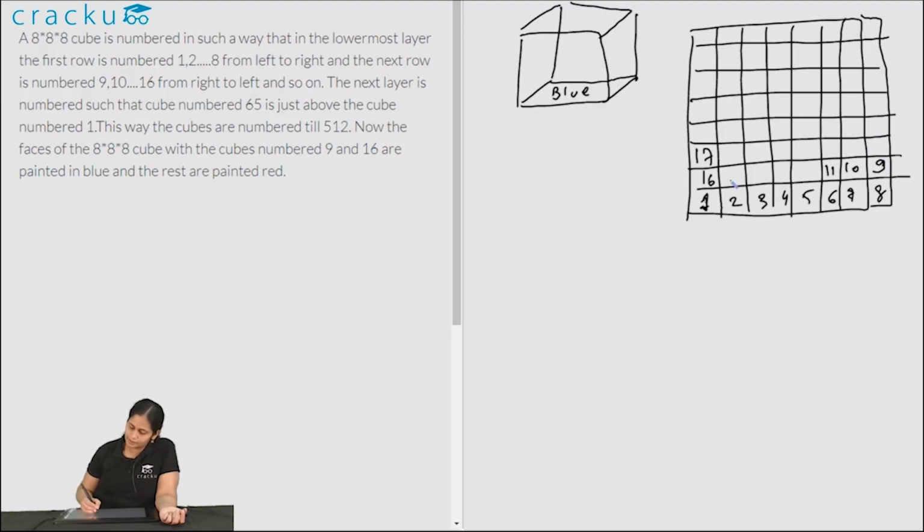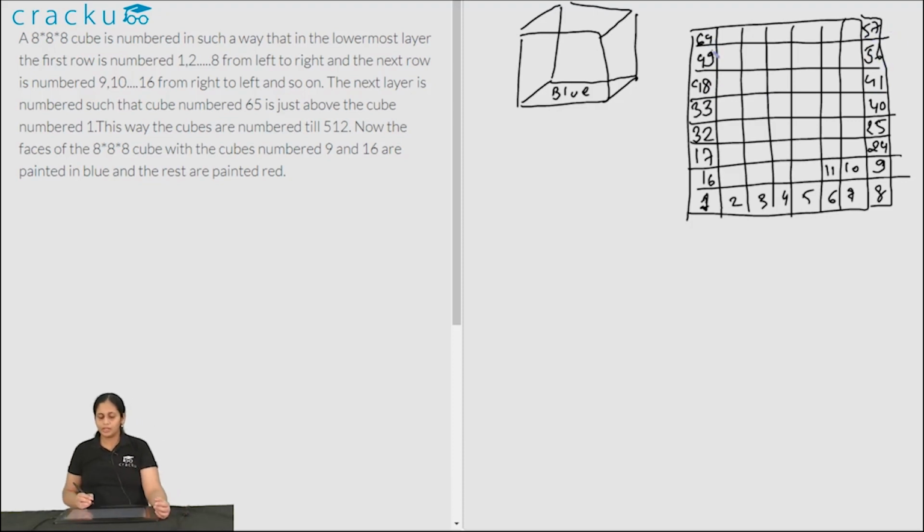This plus 7 would be 24, this would be 25, plus 7, so this would be 32, this would be 33, plus 7 is 40, 41, plus 7 is 48, this is 49, plus 7 this is 56, this is 57, and this would be 64. So this is how the bottommost face is numbered.